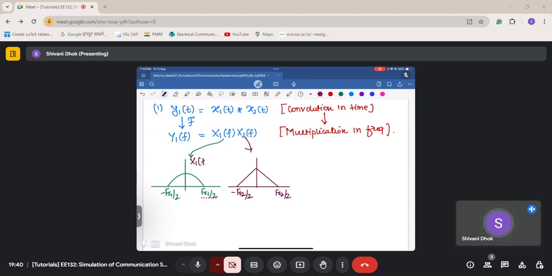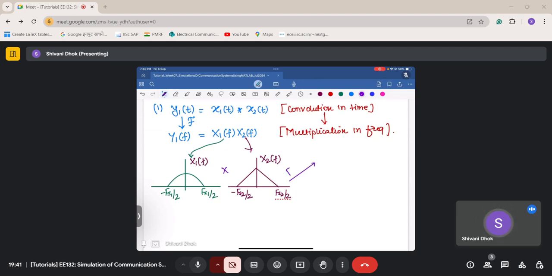This is X1(f), this is X2(f), and we want to multiply these two to get Y1(f). Okay, so we'll have two cases.